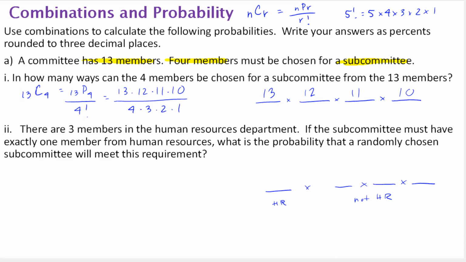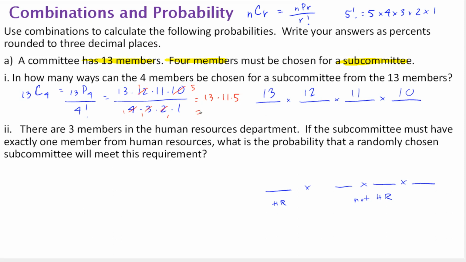And let's cancel as much as we can. So 4 times 3 is 12, so I'm going to cancel the 4 and the 3 with the 12. And 2 and 10 share a common factor of 2. That leaves a 5 on top. So this number of combinations is 13 times 11 times 5.